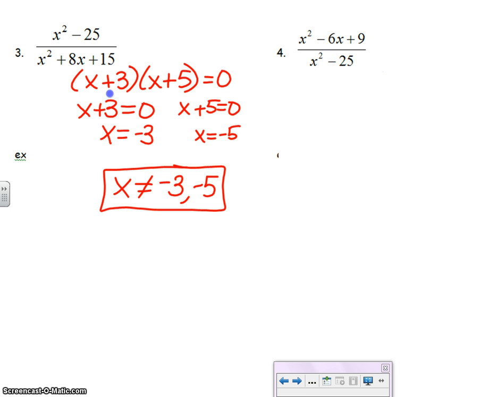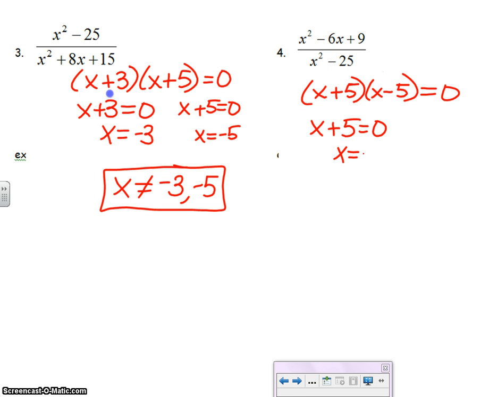Okay, number 4. We're still having a lot of trouble with this, I know, at least in my class. We're looking at the denominator. How do we factor that? That's a difference of perfect squares. So this is going to factor to x plus 5 and x minus 5. Okay, so we factored it. Now we're going to set it equal to 0, and using our zero product property, we can find out what values will make the denominator equal to 0.